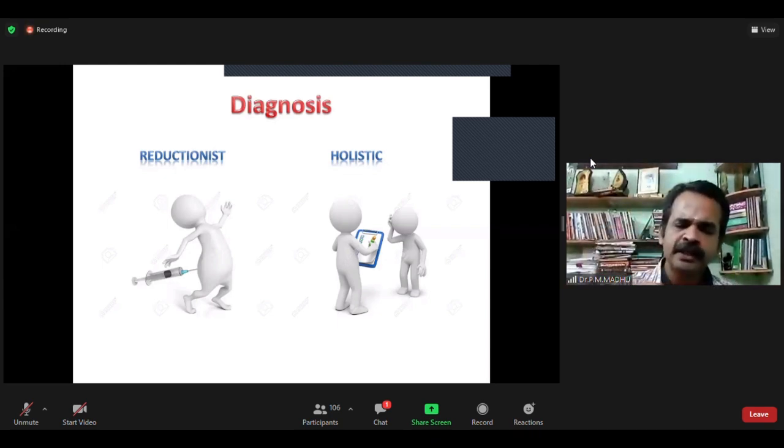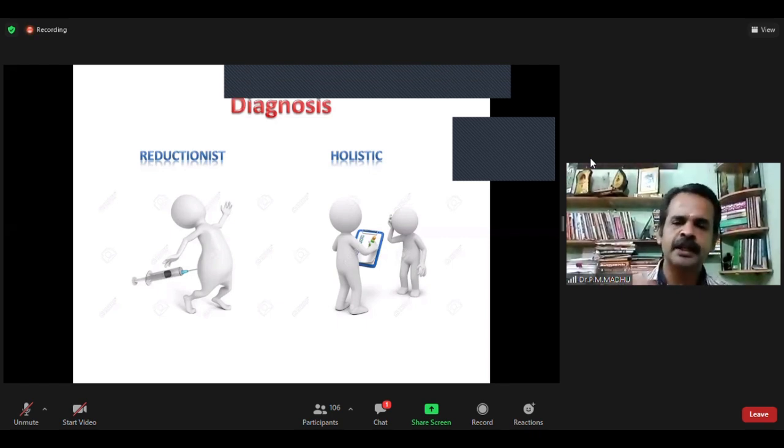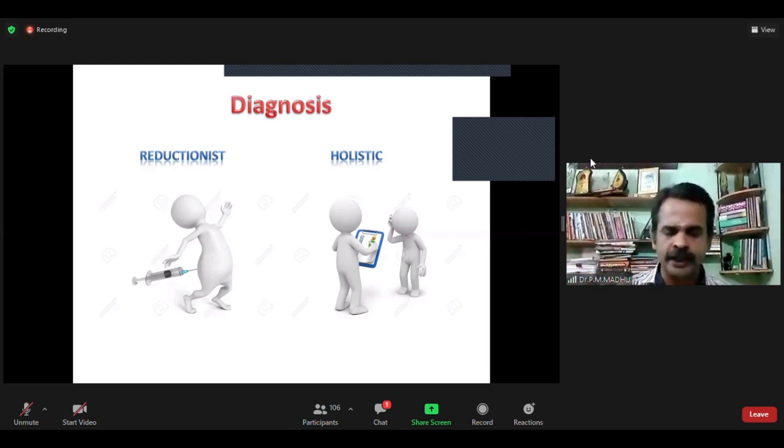But in the Ayurvedic way, we think that a brain tumor is not developed only due to a disturbance at the level of the brain. That manifestation is due to the internal disturbance of the whole body. That is the dosha level, dhatu level, srotas level. There will be some disturbances.